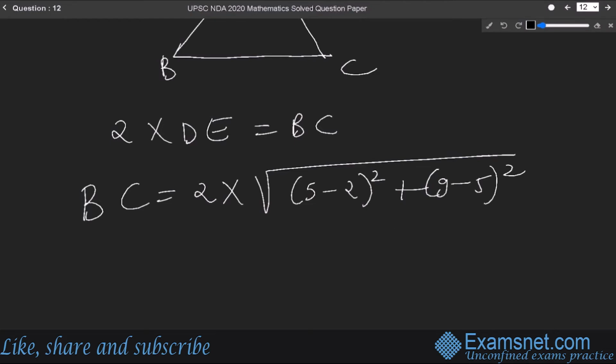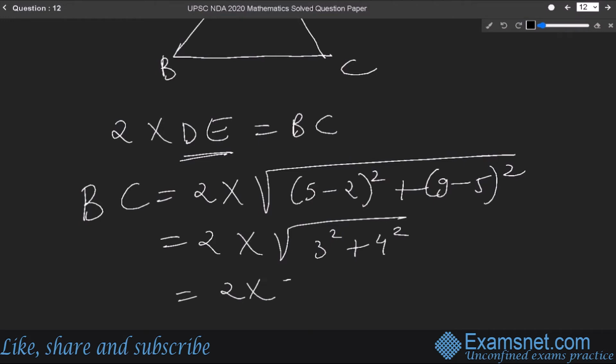This is the value of DE. So, further solving it, it will be under root of 3 square plus 4 square, which is equals to 2 into 5, which is equals to 10. So, this is the length of side BC. We have used the midpoint formula to solve this question.